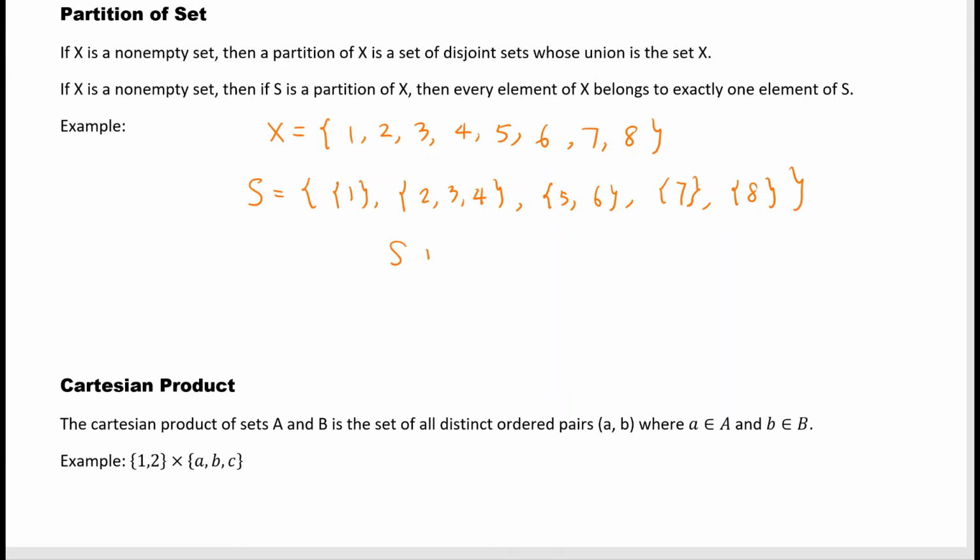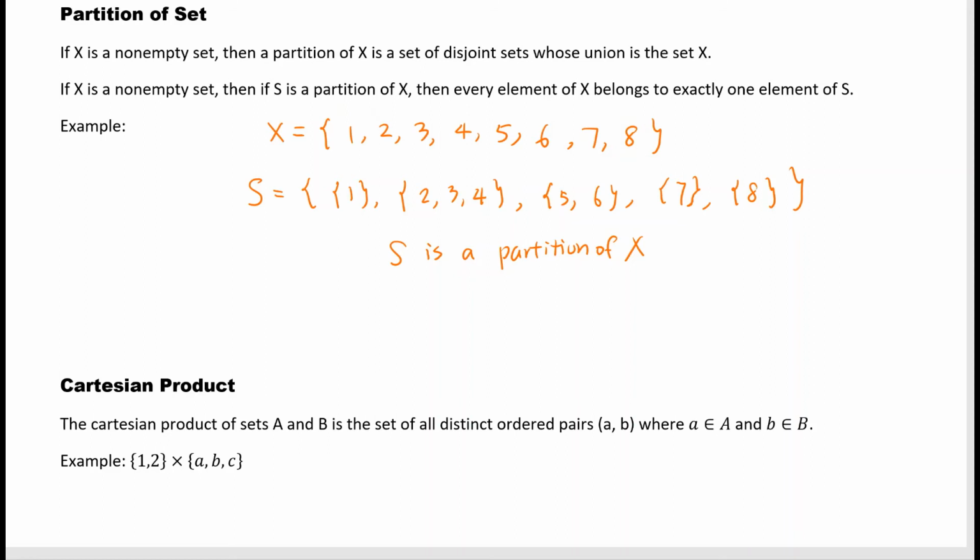And so here S is a partition of X. It's just like the way you group the elements in X. In this case, we group 1, we group 2, 3, 4, we group 5 and 6, and 7 by itself, 8 by itself. So this is the way we group them. And you can see each element is in exactly one set of the partition of X. Okay? All right.